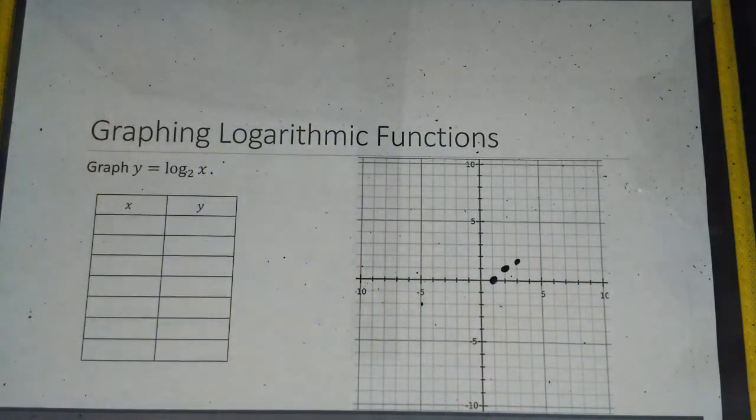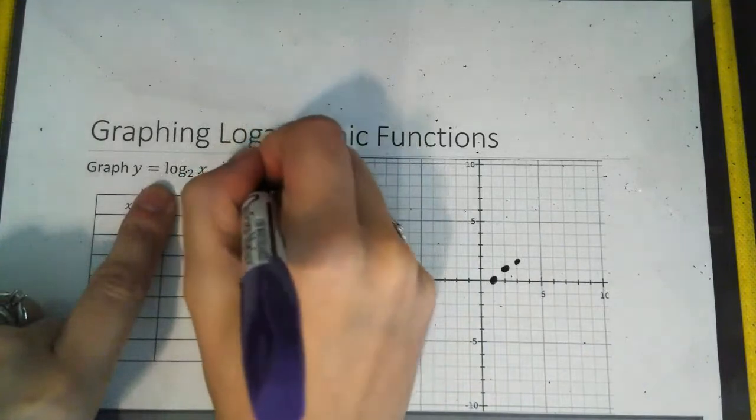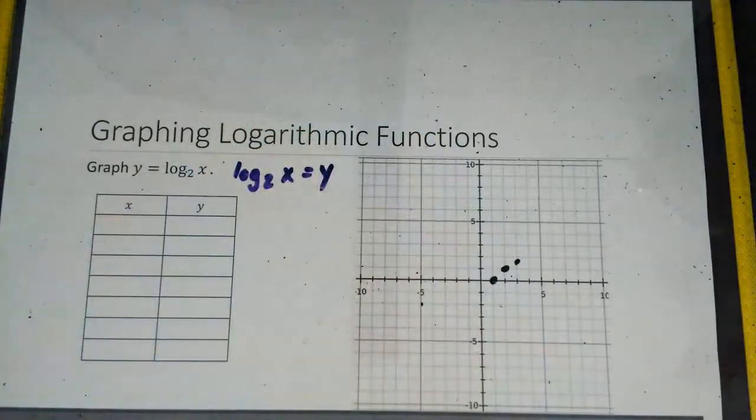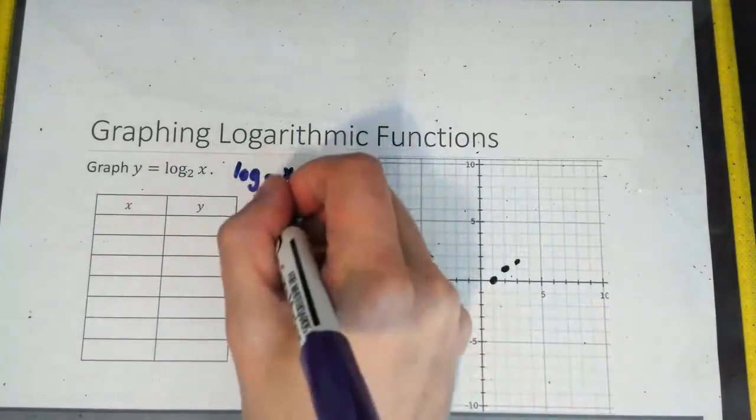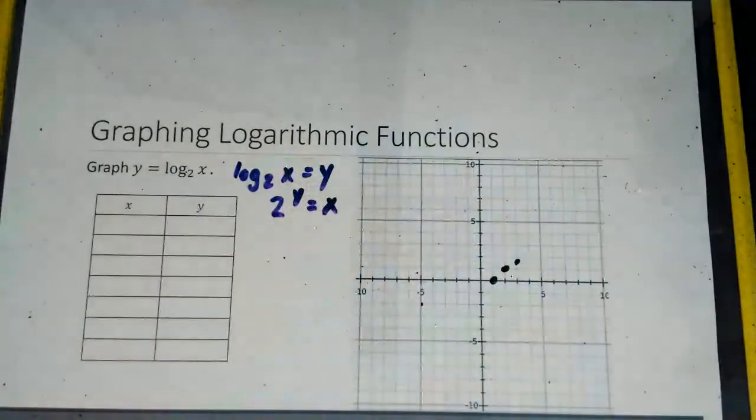We said that we can write our logarithmic equations in exponential form. If I write the logarithm on the left, log base 2 of x equals y, and I switch it to exponential form, I will have 2 raised to the y power is equal to x.